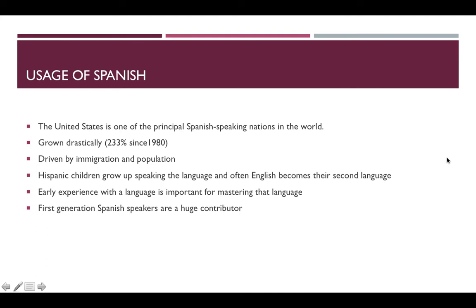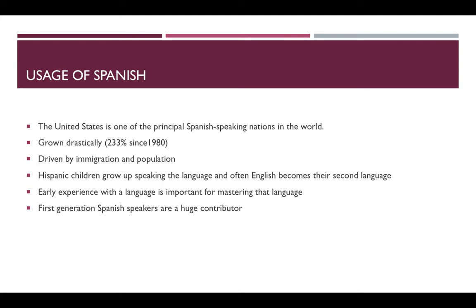So the usage of Spanish. So we know that Spanish is popular in the U.S. It has grown drastically. So it's grown 233% since 1980, and this is driven by immigration and population.